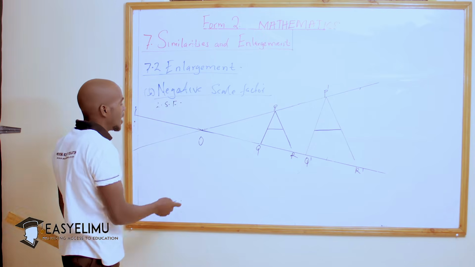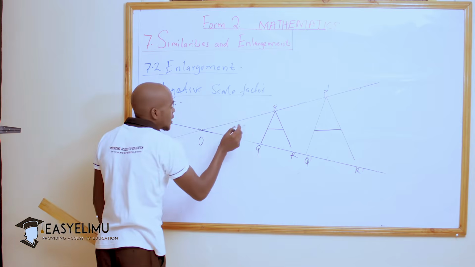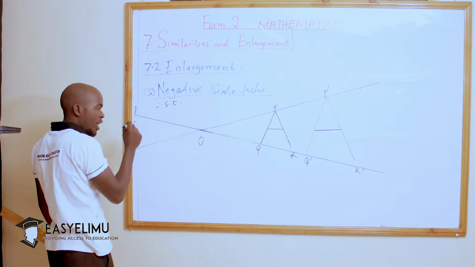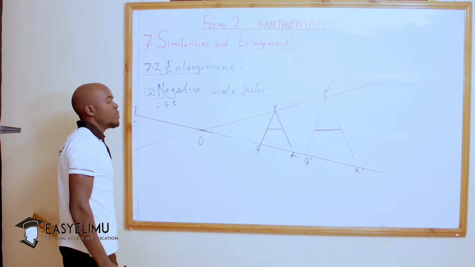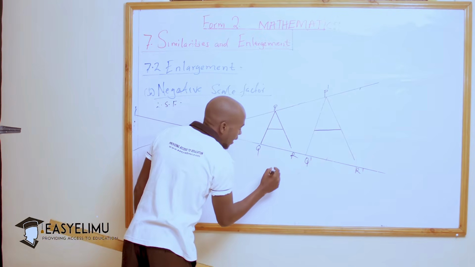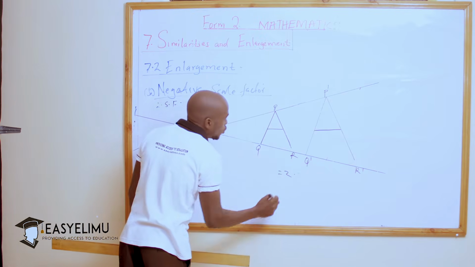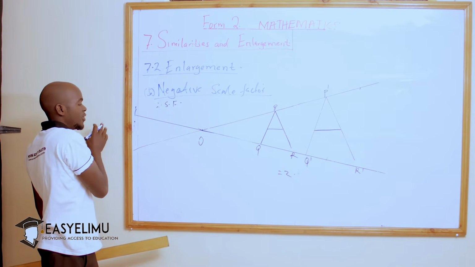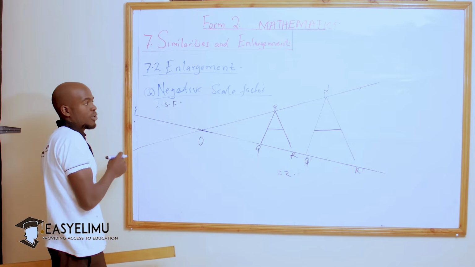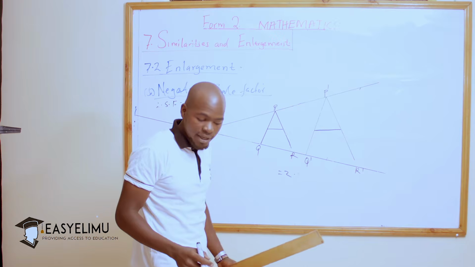So the scale factor will be the distance from here to the image over the distance from here to this object, and the ratio will be equal to 2, such that the image is formed virtually behind what I've drawn.